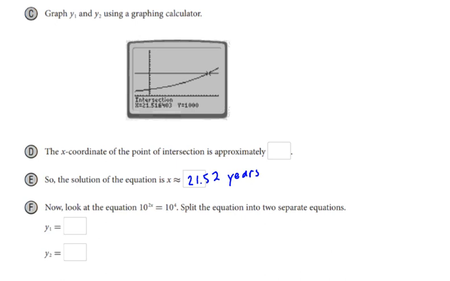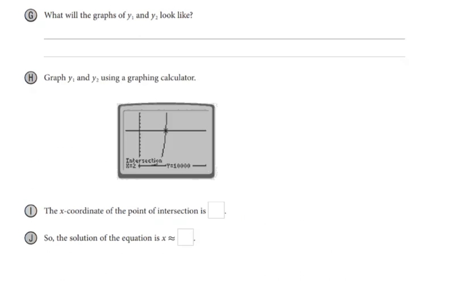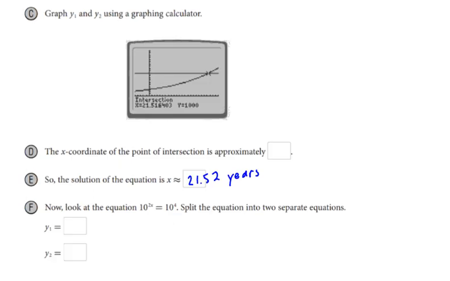Now let's go look at this next one. They give us another one. Look at the equation 10 to the power of 2x equals 10 to the power of 4. So we can just put those in the calculator too.